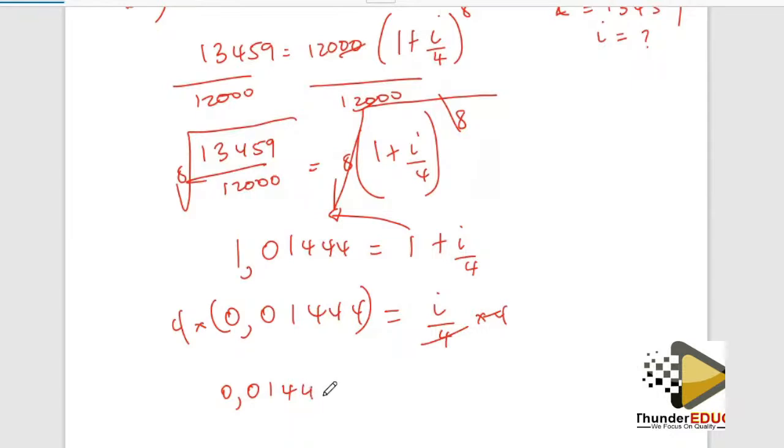Then I can multiply this by 100 since I'm looking for the percentage. So when I multiply that by 100, what do I get?